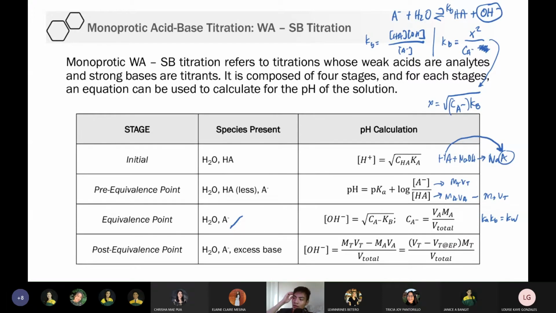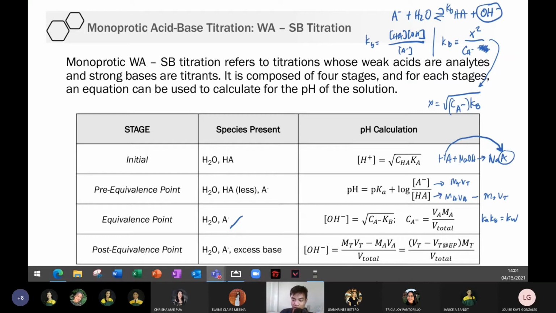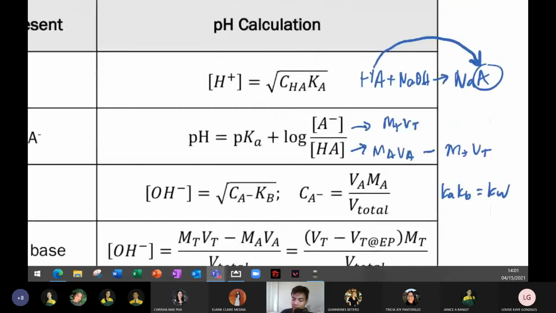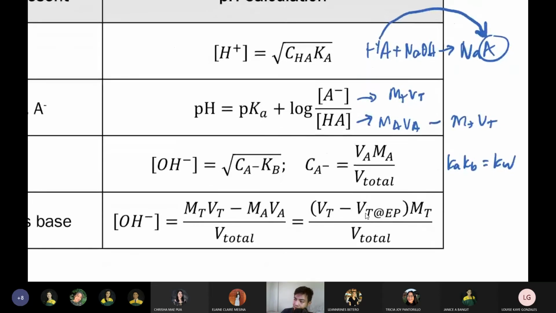That's why, in the post-equivalence point, we can use the same formula as the strong acid, strong base titration post-equivalence. That is MTVT minus MAVA divided by V total. You can also see here that this equation is equal to VT minus VTEP times MT divided by V total.